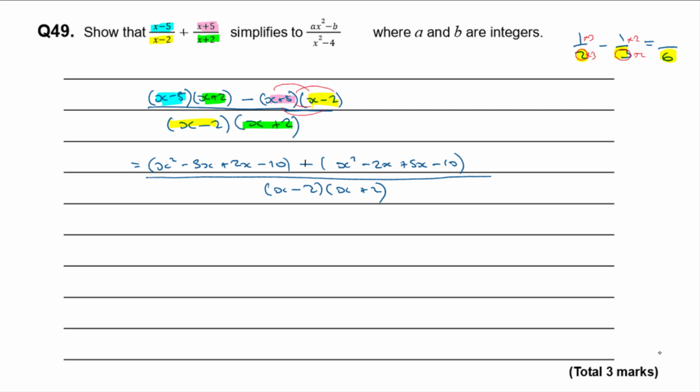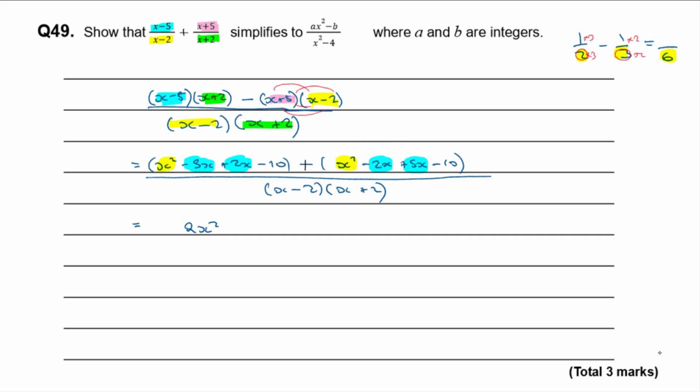So if that's a plus there, then collecting like terms now, I'm going to get x squared and x squared, which adds together to give me 2x squared on the top. And then I've got minus 5x plus 2x minus 2x plus 5x.